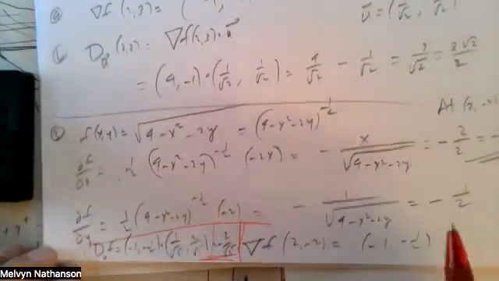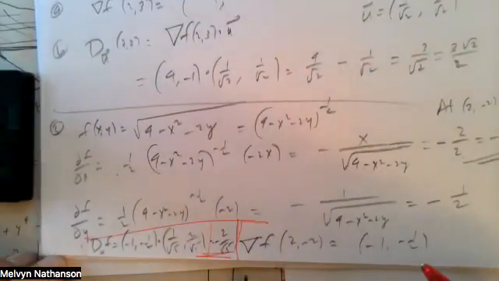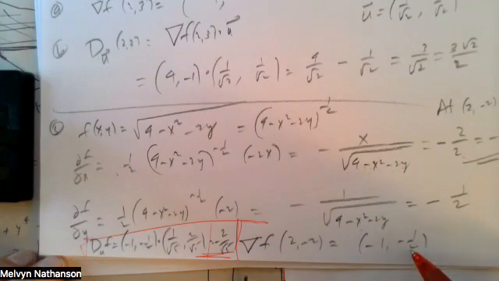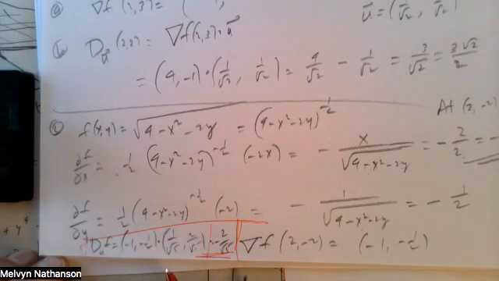If I do my arithmetic correctly, with the gradient minus 1, minus 1/2 and the unit vector 1 over root 5, 2 over root 5, I get minus 2 over root 5. And that's what it is.